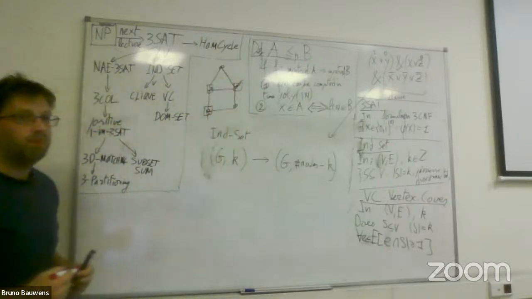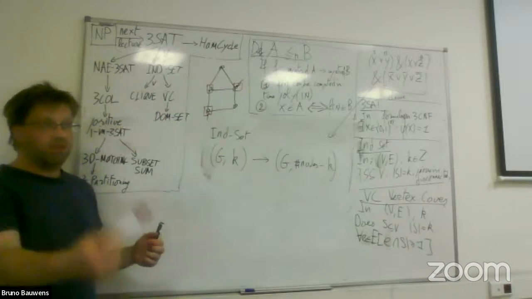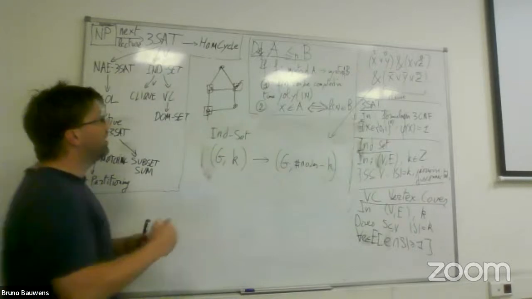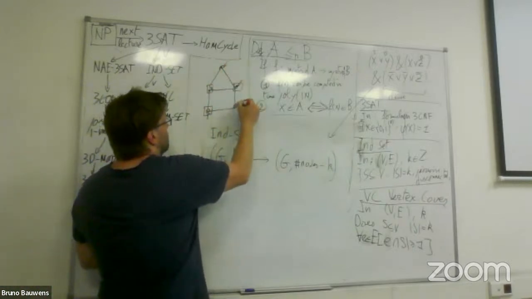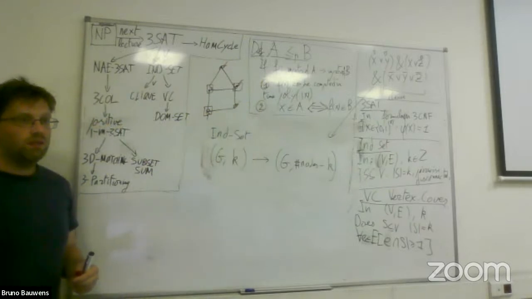Like this. This is an independent set. What can we say about the nodes not in the independent set? So here we have two nodes. What do you notice about them? They're disconnected.